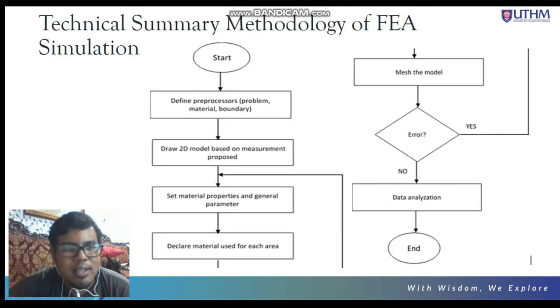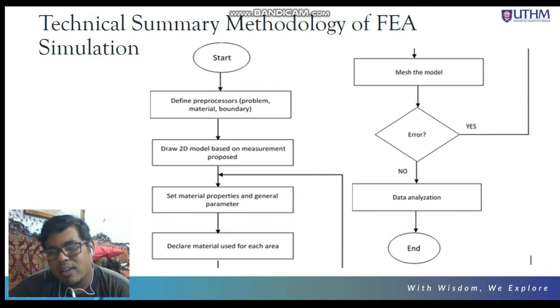Alright, the next is the technical summary methodology of the FEA simulation. For the flow part of this project, the first is start, define the problem proposed, measure and boundary, and go to draw the 2D model based on the measurements proposed, and go to set material proposed and general parameter, and go to declare material for each area, and go to mesh of the model and go to error.